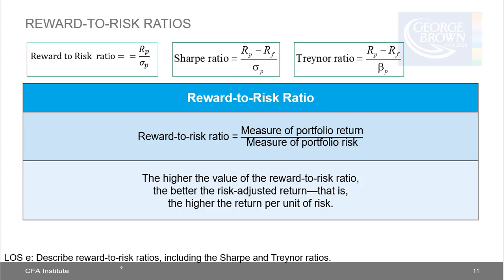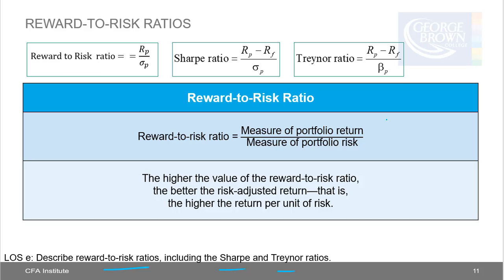Learning outcome statement E is describe reward to risk ratios, including the Sharpe and Treynor ratios, okay? So reward to risk ratios. Investors prefer to achieve a high return rather than a low return on their investment portfolios. That makes sense. So all things being equal, they also prefer lower risk, less variability of returns.